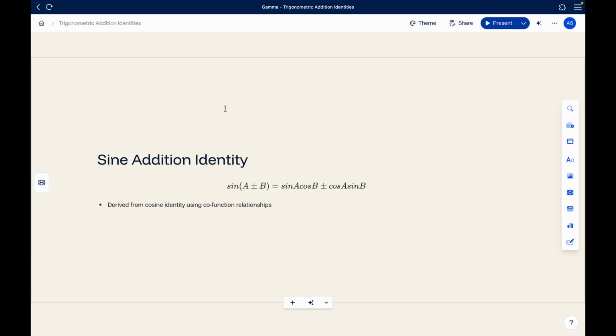The next identity that we're going to look at is the sine addition identity. Now keep in mind, I've also covered this in one of my trigonometry videos, but I just planned for this to be a quick review.